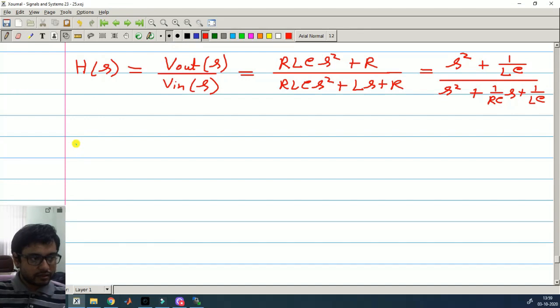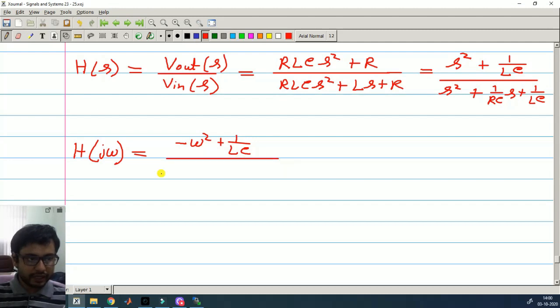Then you have to put s equal to j omega to get the Fourier transform of h(t). That will be minus omega square plus 1 by LC divided by 1 by LC minus omega square plus j by RC omega.